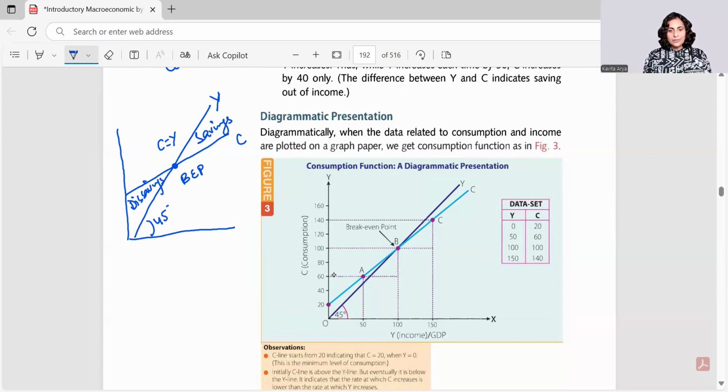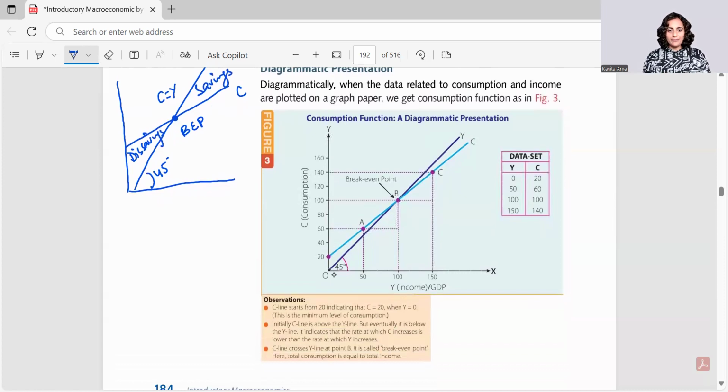Right. You can analyze, as given in the observations here, that C starts from 20. And when we talk about C beginning from 20, this component is called autonomous consumption. What do you mean by the term autonomous consumption? Autonomous means independent, and you would be using this term many times.